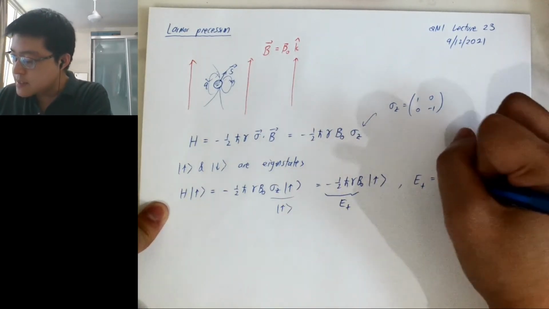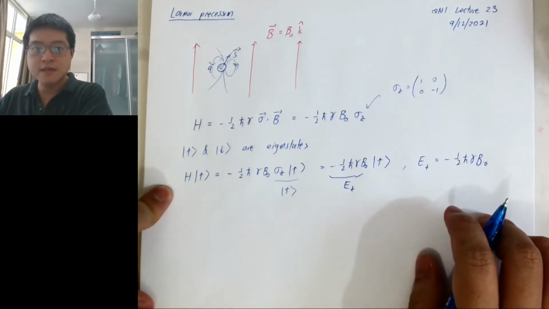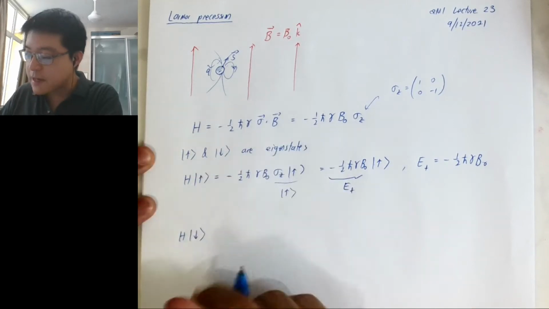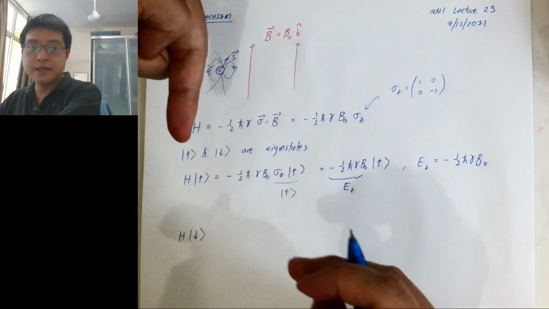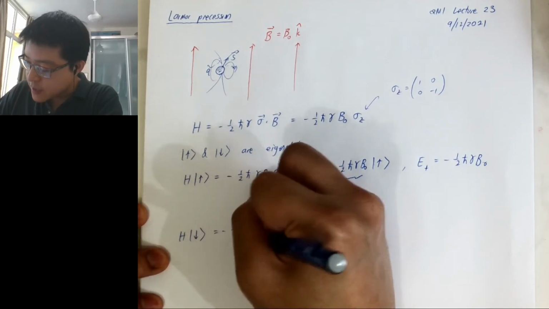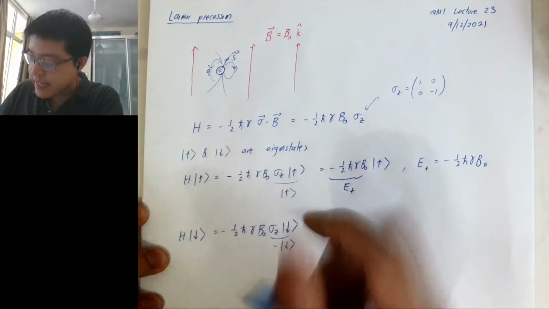E plus is minus half h bar gamma B0, and this is its eigenstate. And if my spin is pointing down instead of up, sigma z operating on the down state just gives me a negative.